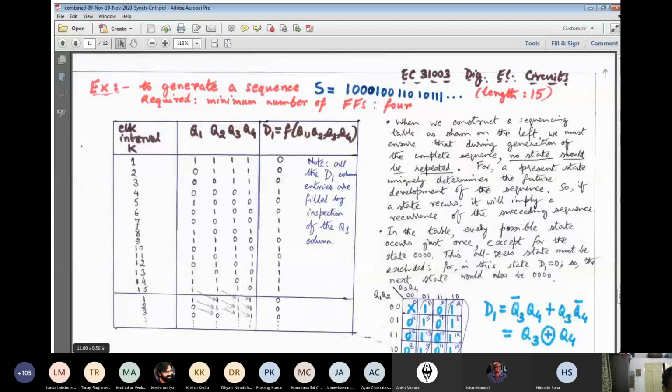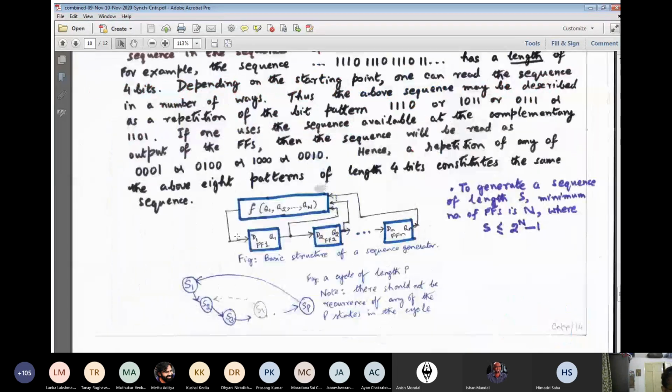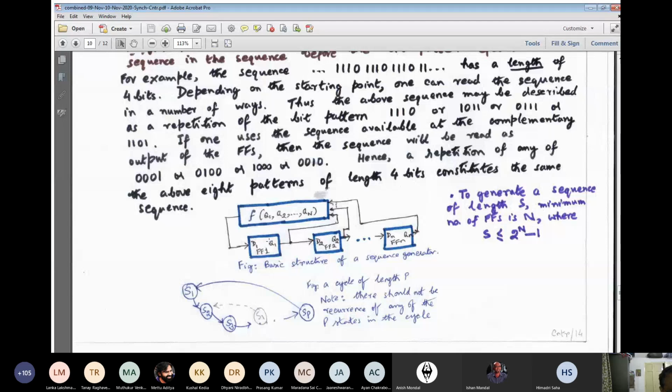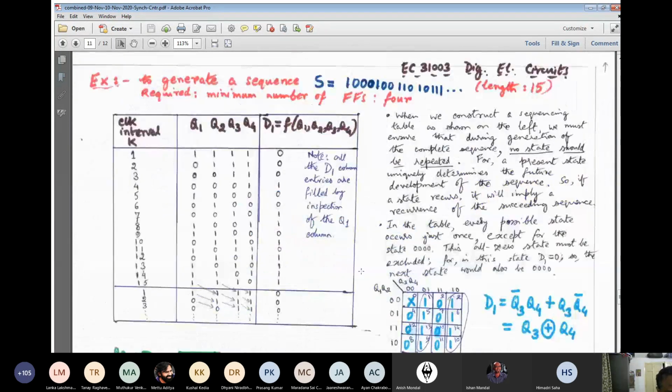Okay. Right. So what we do first, let us write out the sequence. Q1 means the Q output of the leftmost flip-flop. Q2 is its immediate right neighbor. And as we have 4 flip-flops, FF4 is the rightmost flip-flop. Okay. So like that, this is the sequence for 15 states.